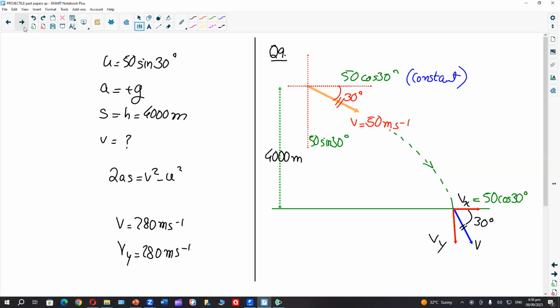I have made the data. The U is 50 sine 30. A is equal to plus G, and S is equal to H, 4000.